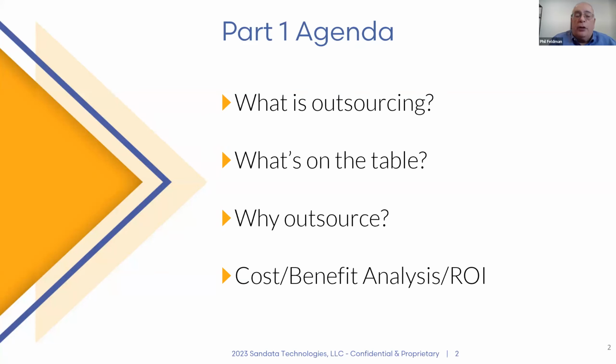What benefits can you hope to get out of an outsourcing relationship, both internal and external? And then how do we do a cost-benefit analysis or ROI, return on investment, for the outsourcing process and out of that relationship?